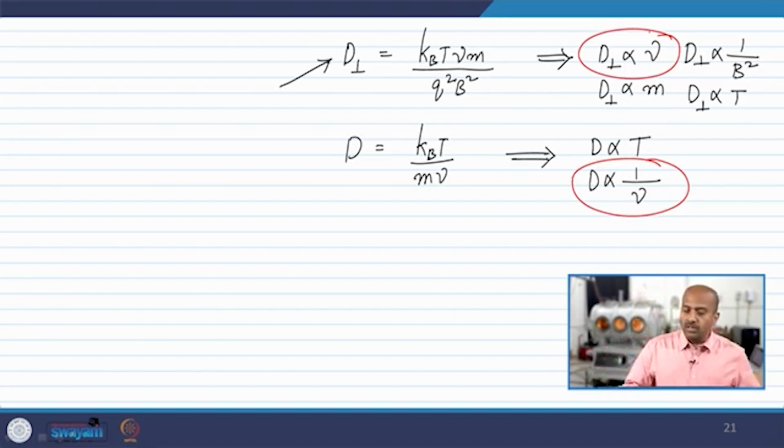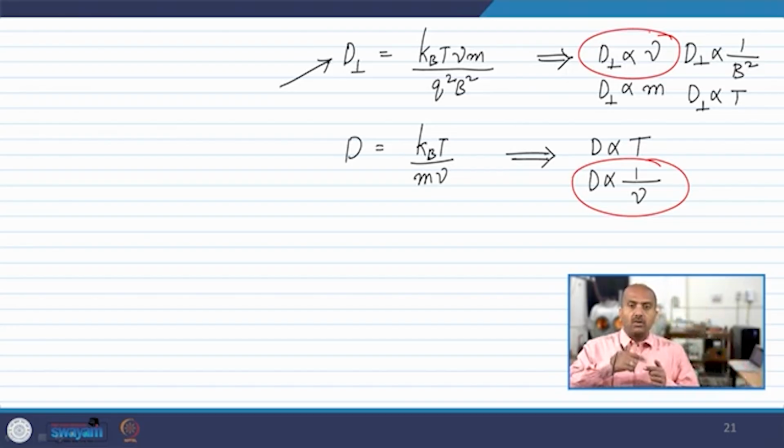So, what is the physical idea of collisional frequency? The particle in the presence of magnetic field is gyrating in an orbit, something like that, and whenever it collides, it will start a new orbit.